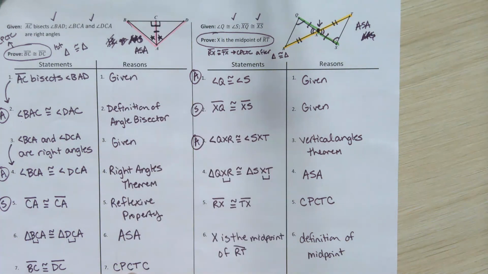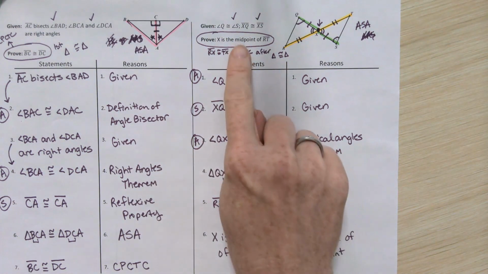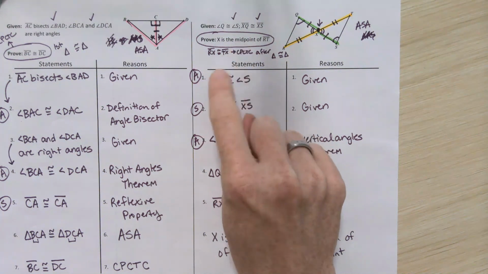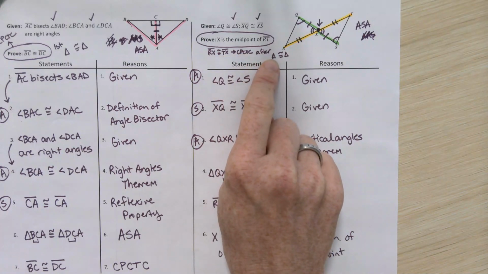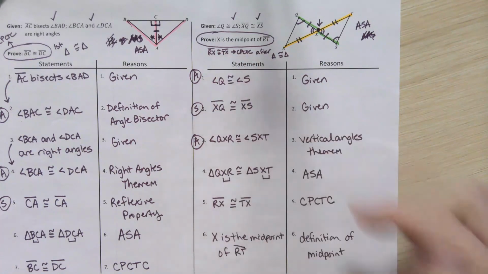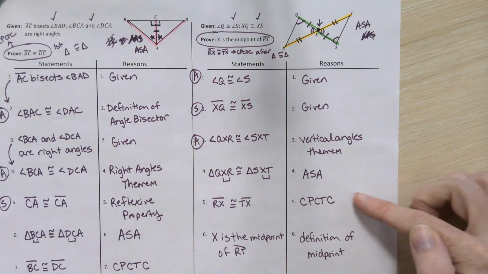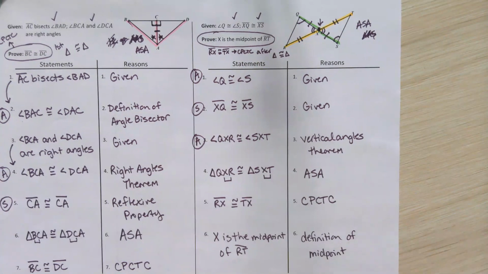That would still be CPCTC. But if you're asked to prove something about a vocabulary word, think about what would be required for that vocabulary word to exist, and then backtrack that to some triangles. CPCTC won't be at the end of your proof in that case. You'll follow it up with a definition.